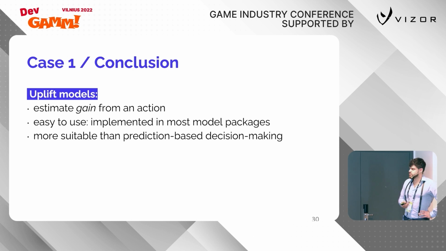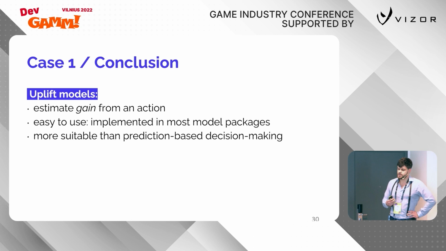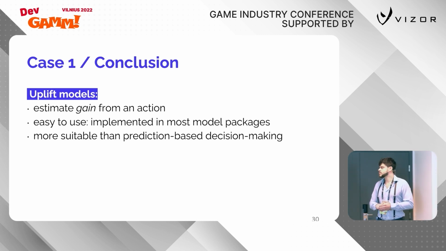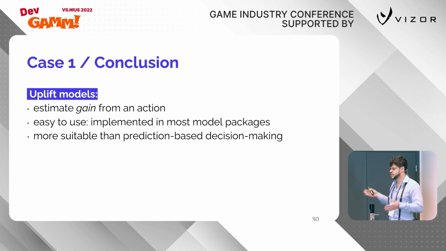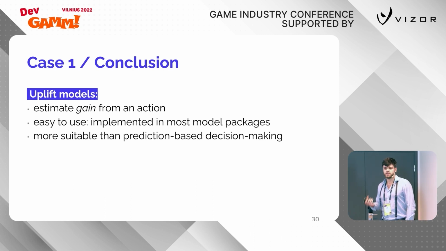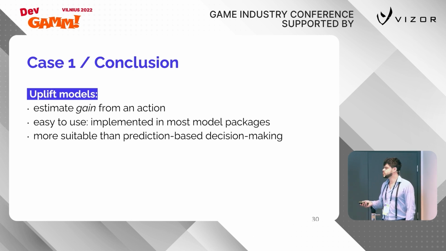So to sum up the first case, there are these uplift models which estimate gain from doing an action. They are implemented in most Python or Java machine learning packages. They are quite easy to use, and they are much more suitable than prediction-based solutions for some tasks, for example, giving items for improving retention.